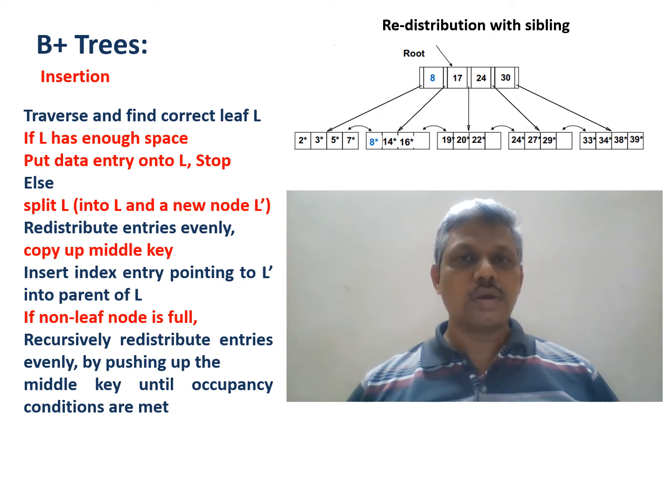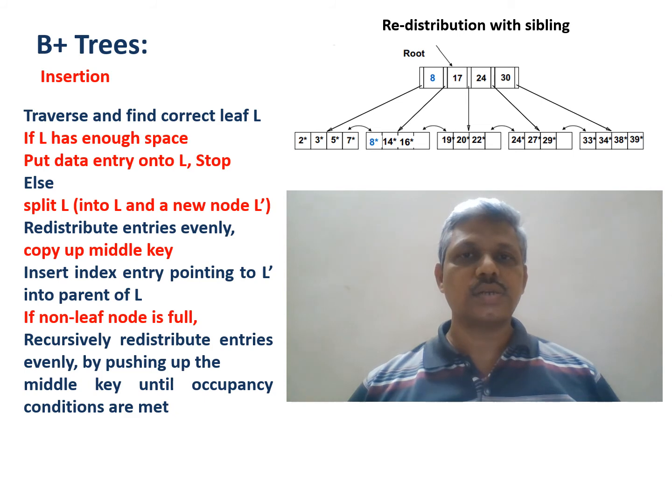So the value of the non-leaf node is changed from 13 to 8, and all the values 2, 3, 5, 7 point to the left of that and are less than that, so there is no harm in that. Still they point to the left of 8, and the value 13 is now inserted into the second node. They are readjusted. So now the second node consists of 8, 14 and 16.